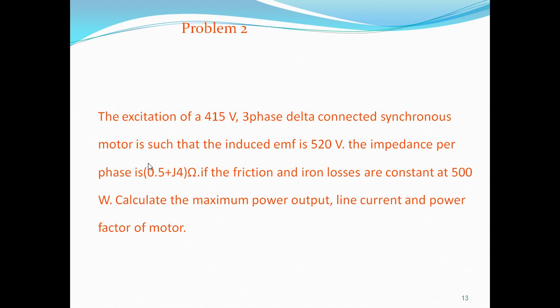So what is given? Some excitation is given. The power factor is not given. We have to calculate the power factor, whether it is lagging, leading or unity power factor. By seeing the supply also we can say whether it is lagging or leading.